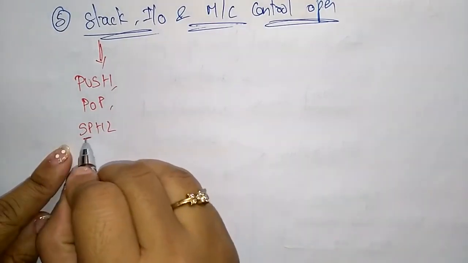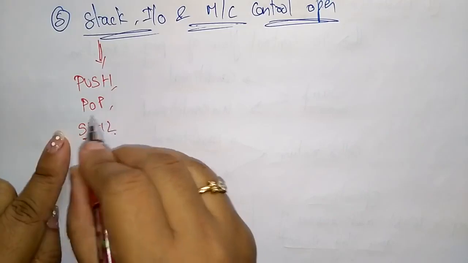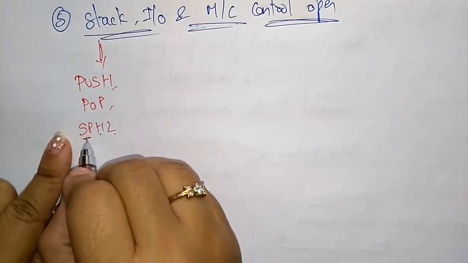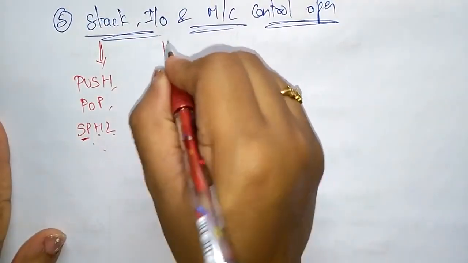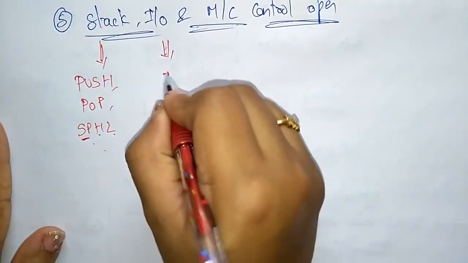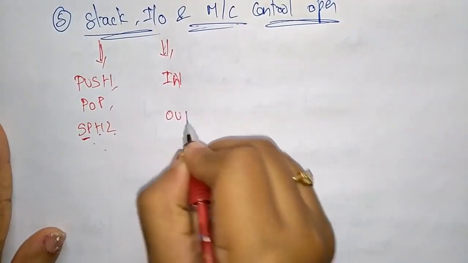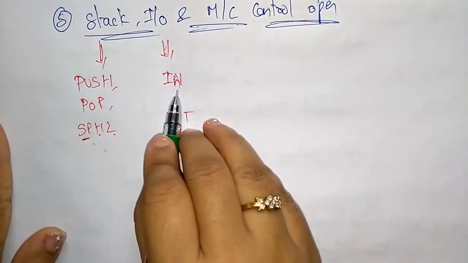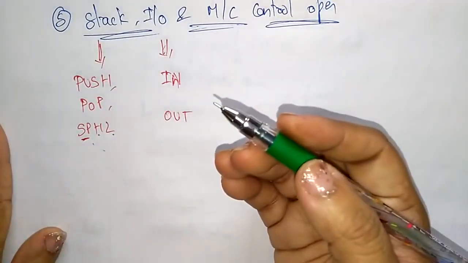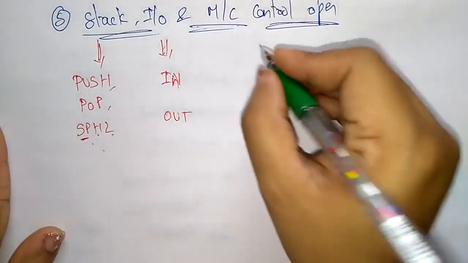SP is the stack pointer. Whatever content is present in the H and L registers will be moved to the stack pointer. Coming to the IO instructions: IN and OUT. IN is used to initiate the input port, and OUT means the output port will be initiated.